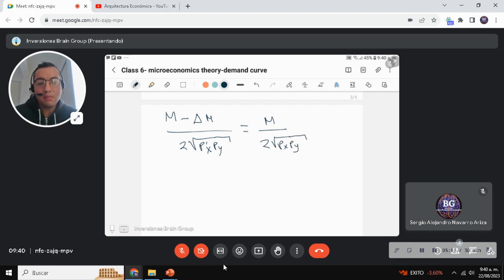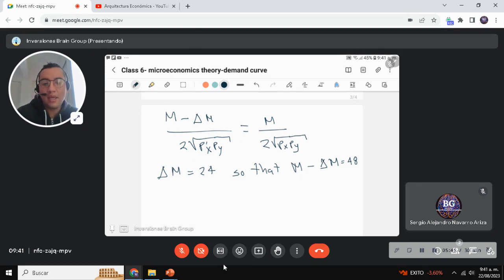Okay, using the values supplied, the variation in m is equal to 24, so that m minus variation m equals 28.